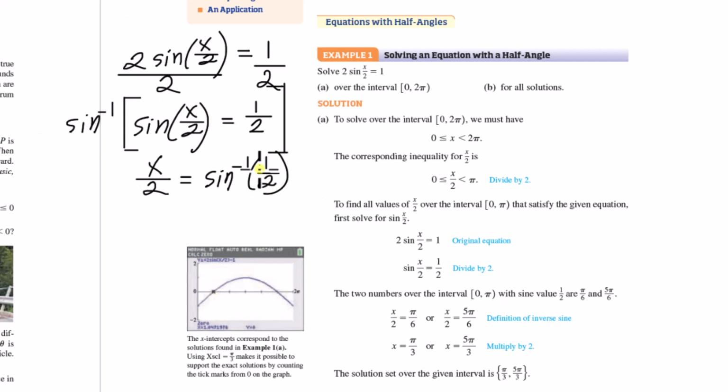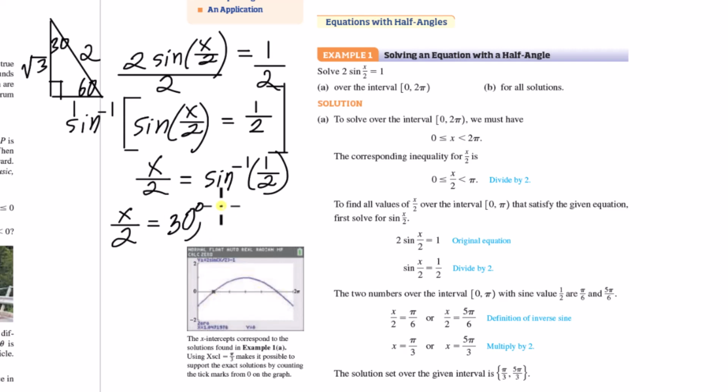So, okay, inverse sine of 1/2, we can think about the 30, 60, 90 triangle. So 1, root 3, 2. Sine of 30 is 1/2, so this is positive 1/2. So we've got x divided by 2 is equal to 30 degrees, or, okay, so sine is positive in quadrant 1 and quadrant 2.